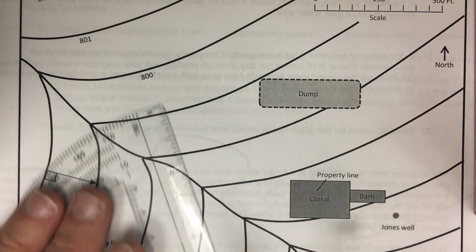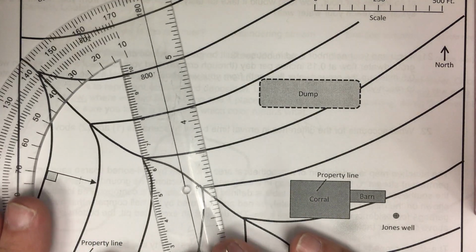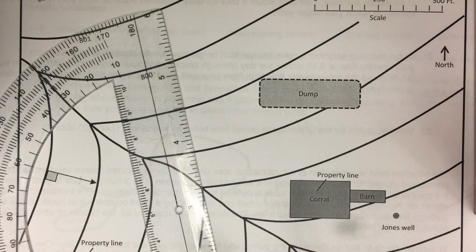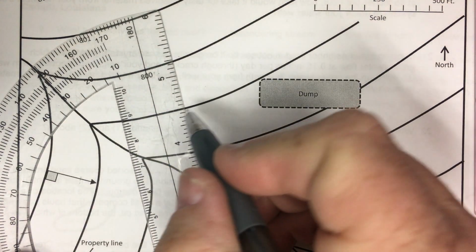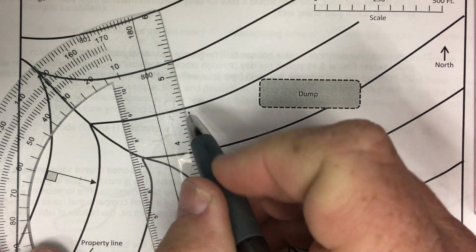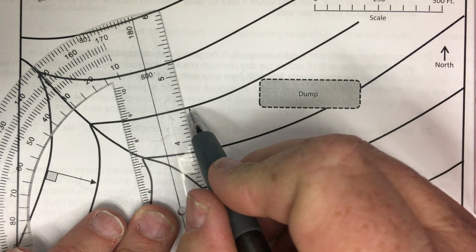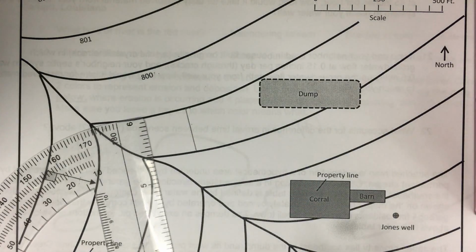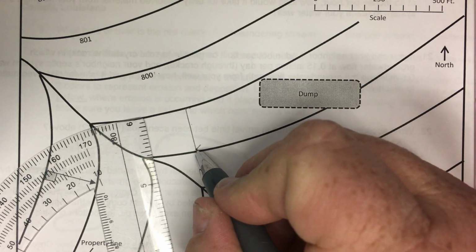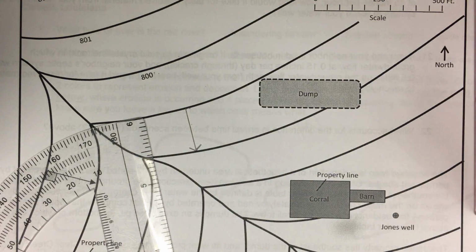So you don't have to use a ruler, you can kind of eyeball it, but sometimes I use a ruler. This isn't a ruler, but I use something to give me that little line so I know that I'm perpendicular. And then I just draw a line to the next contour, and then I just put an arrowhead so I know which way the water's going.